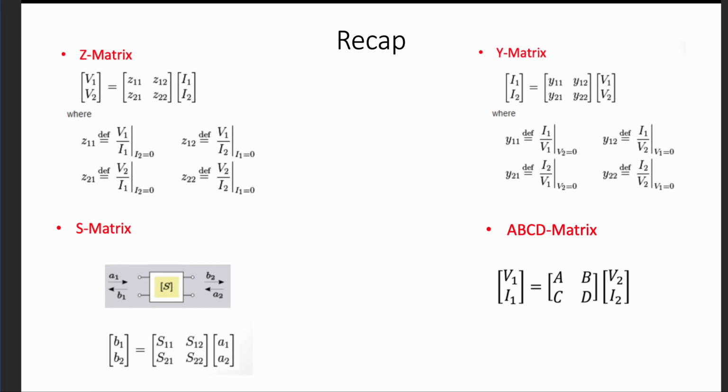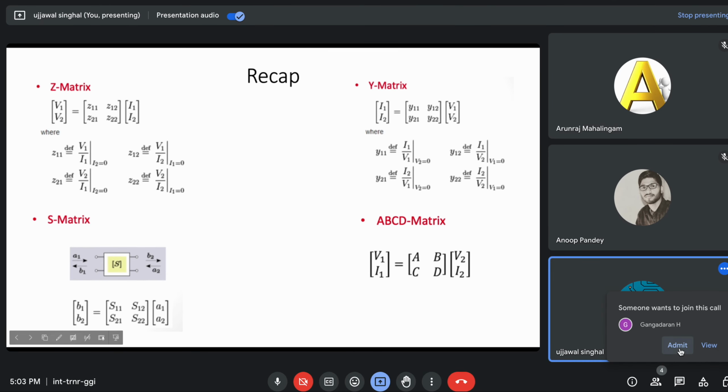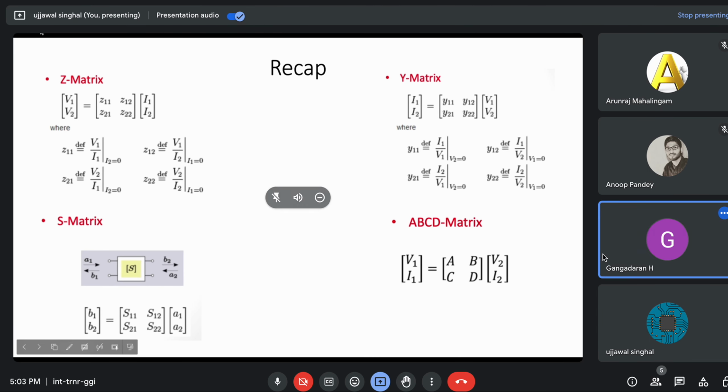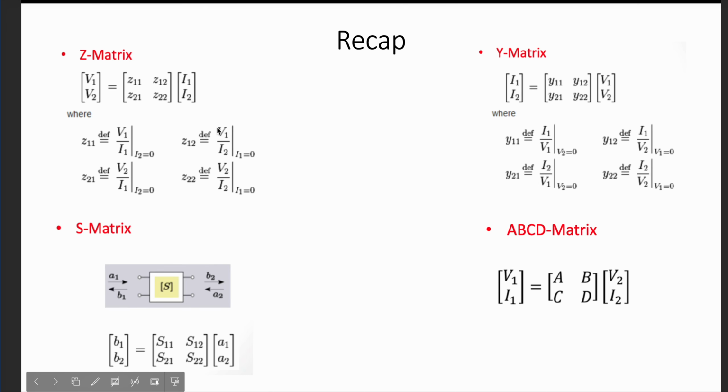Okay, so today, first we will go through the definitions of the various matrices which you have learned. First you learned how to write the Z matrix of a given two-port network.